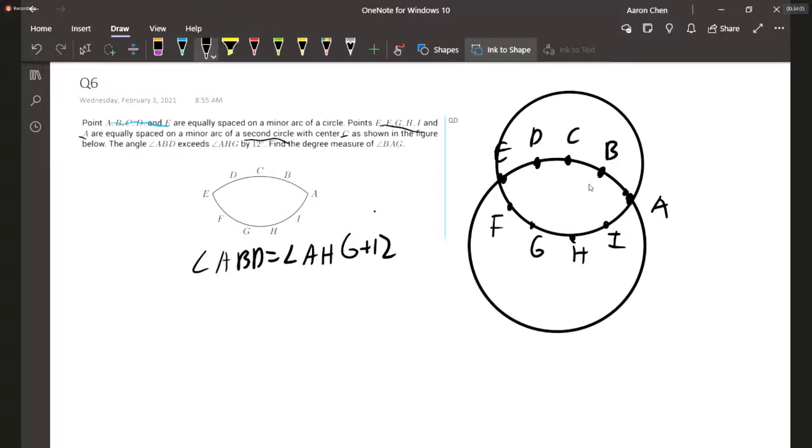All right. So first of all, we can let these 4 arc lengths be a, and these 5 arc lengths be b.